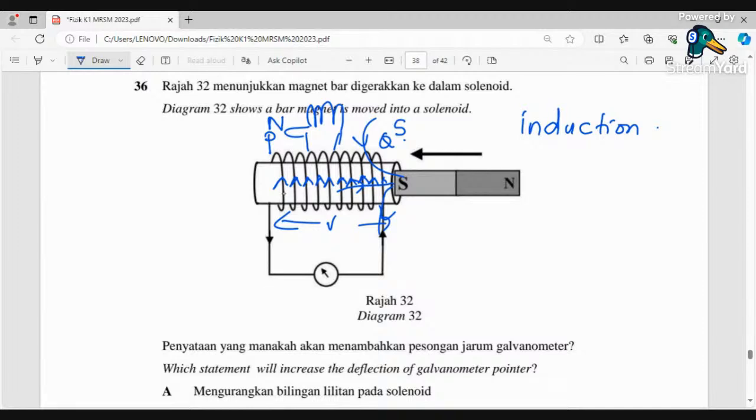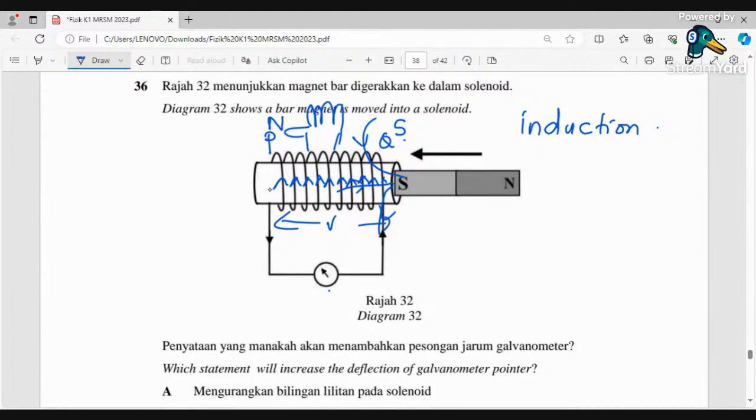Okay. So in the solenoid is from right to left, right to left. So the galvanometer pointer deflect to left. Okay. So deflection of the galvanometer, it depends on the induced EMF in the solenoid across PQ.